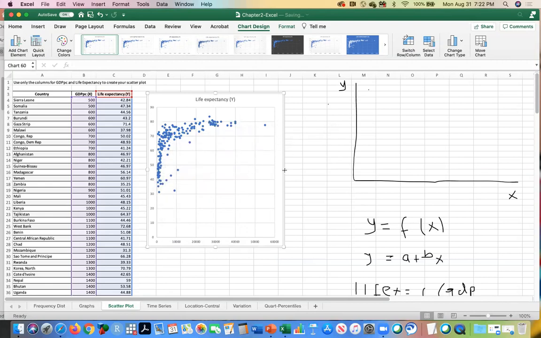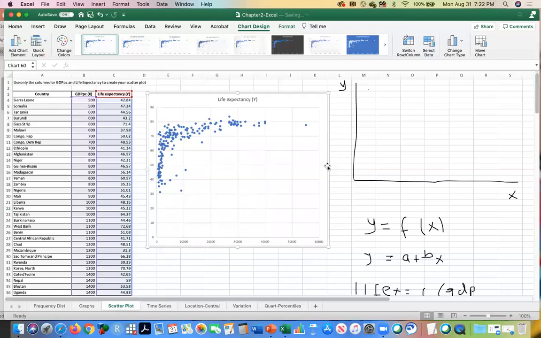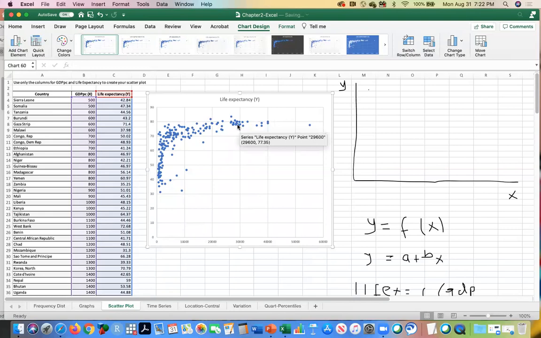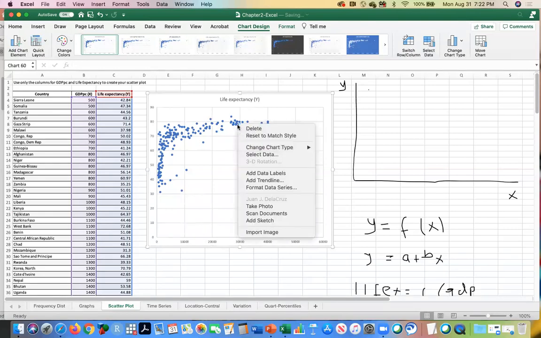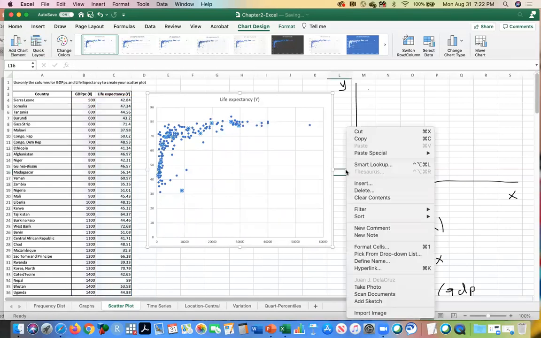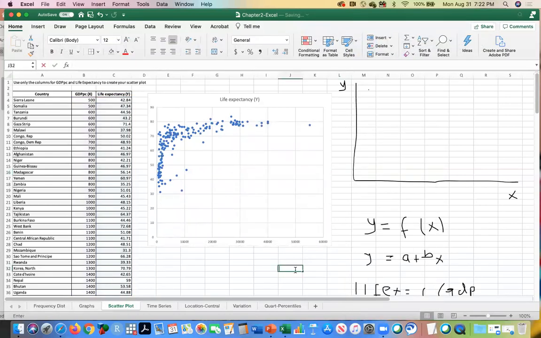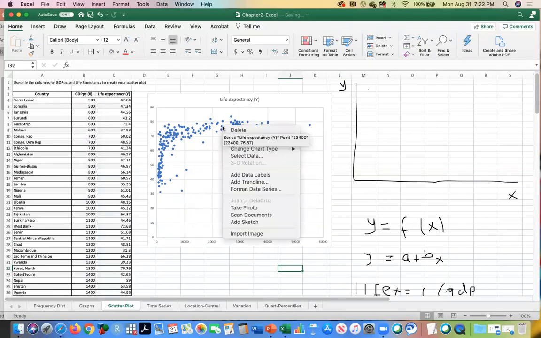So what we're gonna do here, I'm gonna right click on any of the data points, any of the observations, and then add the so-called trend line.